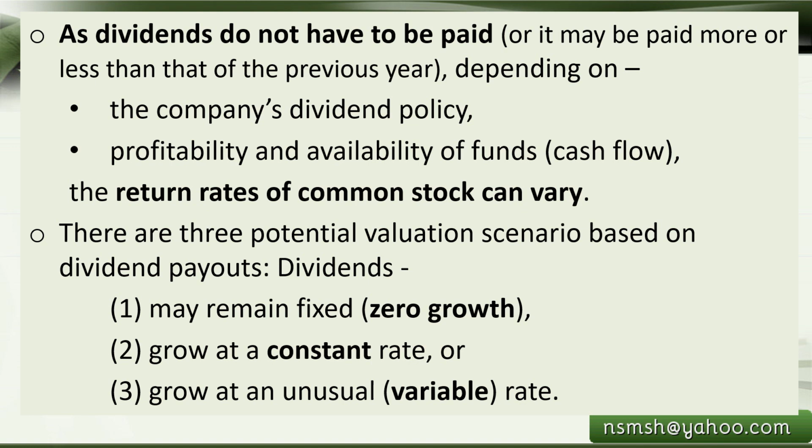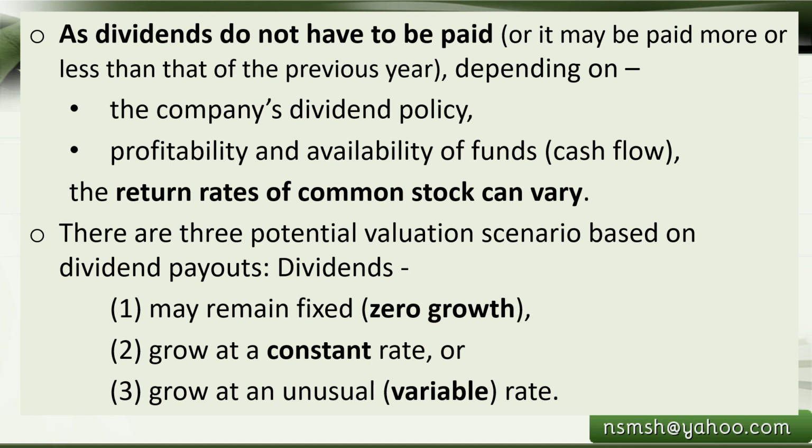There are three potential valuation scenarios based on dividend payouts. Either the dividends may remain fixed, that means there is no growth, zero growth rate, or the dividends may grow at a constant rate every year, like 1% increase. Every subsequent year 1% or 1.5% or 2% or 5%, some constant percent, the return will be increasing.